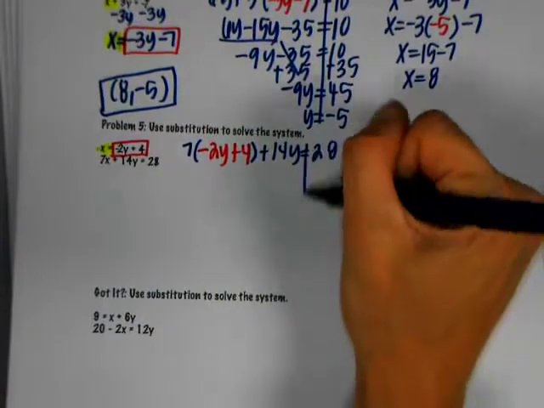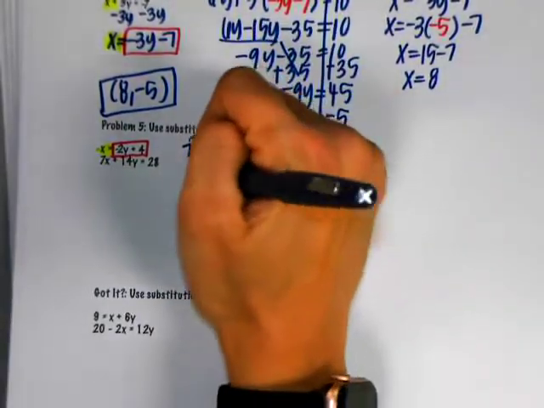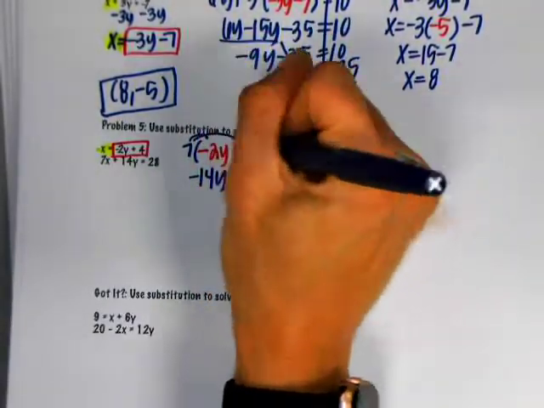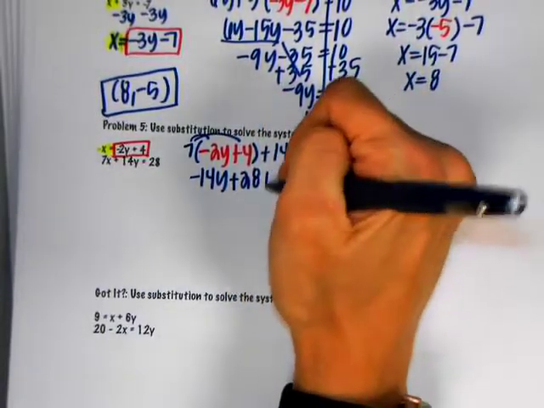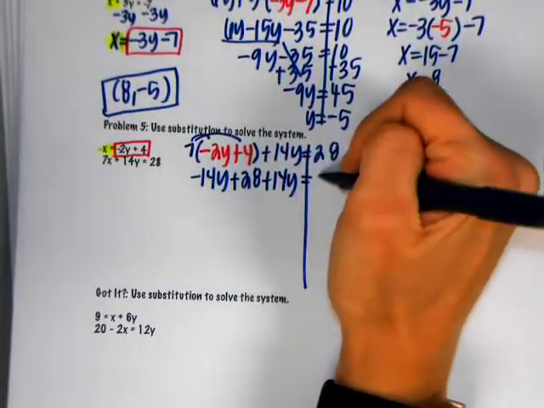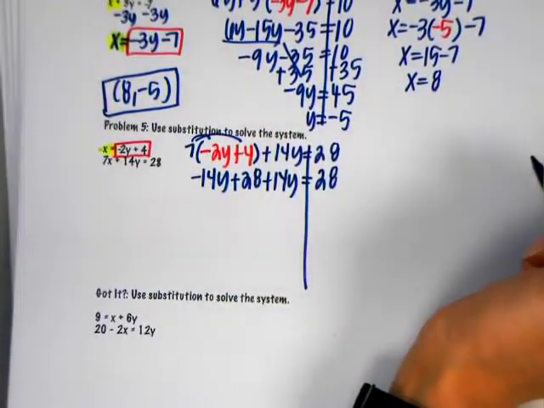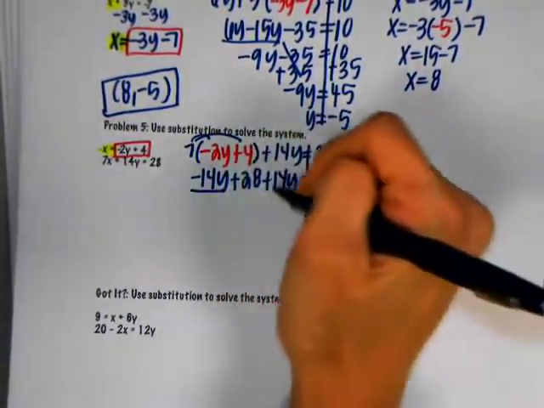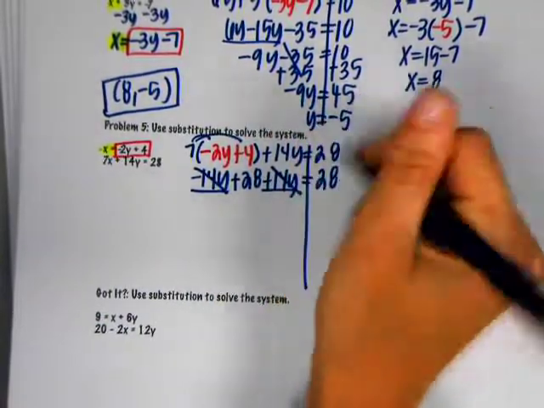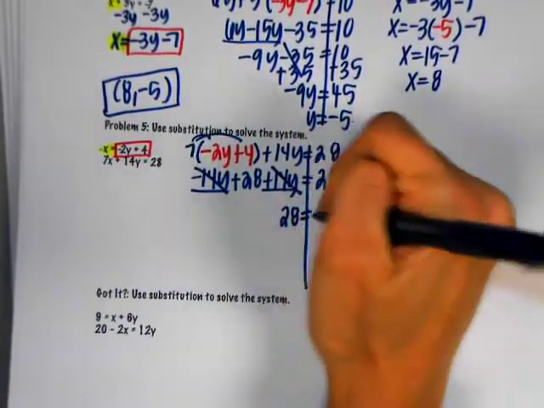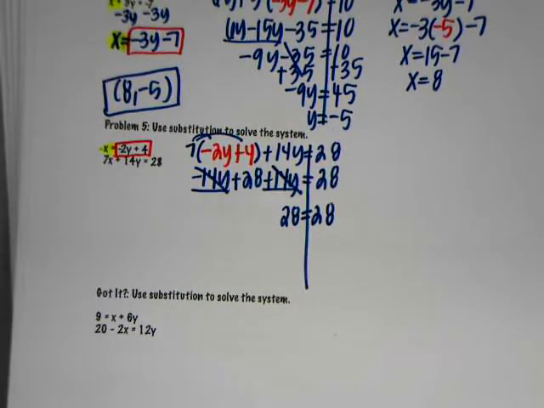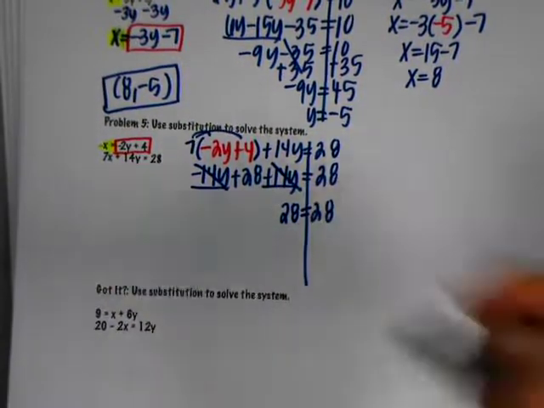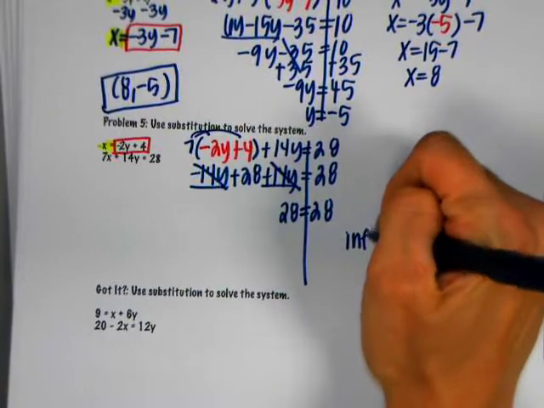And then distribute and solve. So that's going to be negative 14y plus 28 plus 14y is 28. Okay, then you would combine like terms. Negative 14y and positive 14y make 0. They cancel. So you end up with 28 equals 28. And the same rules apply as normal equations. So since that's true, your solution is infinitely many solutions.